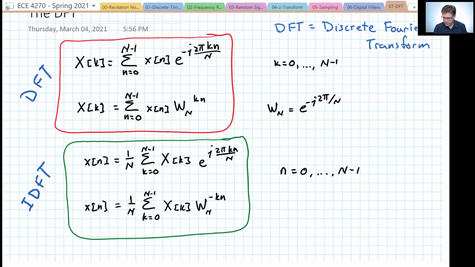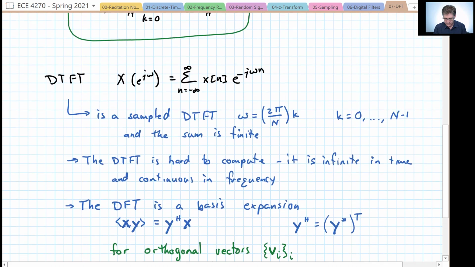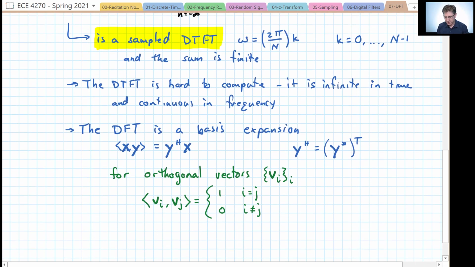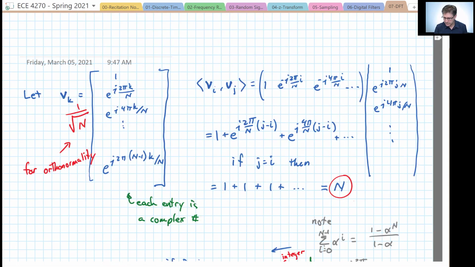So far we've established, or at least I've given the definition for the DFT, stated that it is a sampled DTFT, and we're going to come back and revisit that soon. And then establish the fact that your linear algebra now actually is going to do some good solid work for you, in that the DFT is squarely in the domain of linear algebra, orthogonal basis analysis, and so on and so forth.